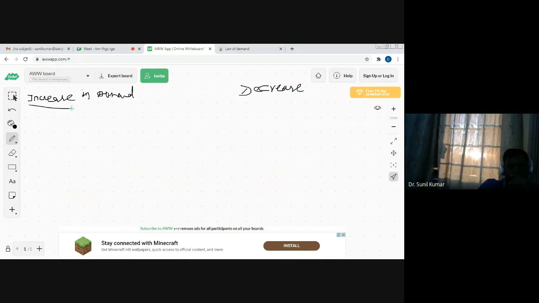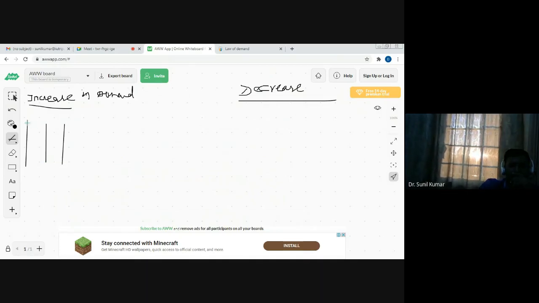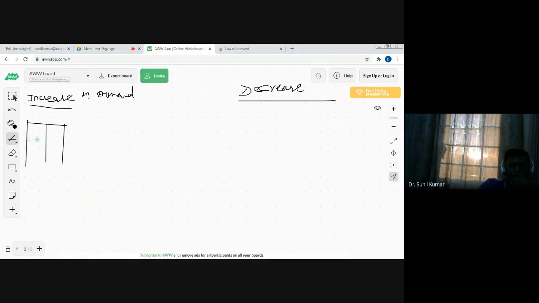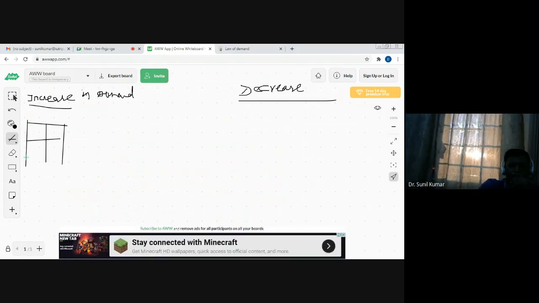So this one is the increase and this one is the decrease. One thing, just draw the table. Three tables are required and one graph is required, and the same here also.